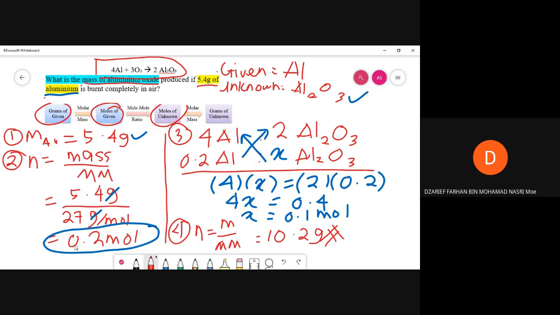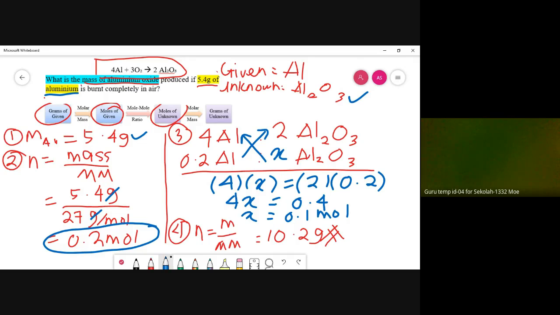So, from equation, you tahu you ada 4 moles of aluminium. And then, it produces 2 moles of Al2O3. Nampak, Zarif? Okay.